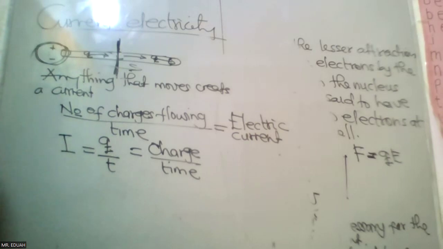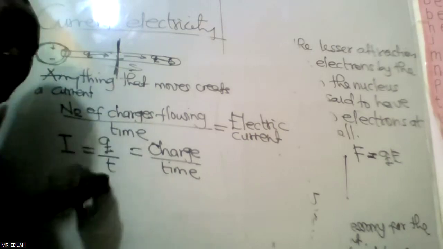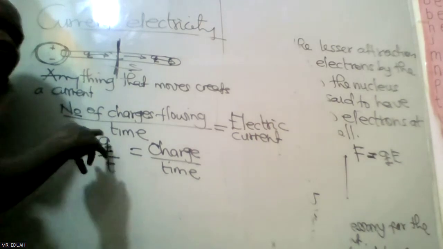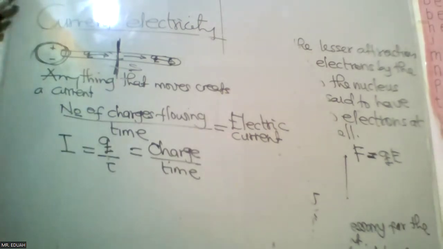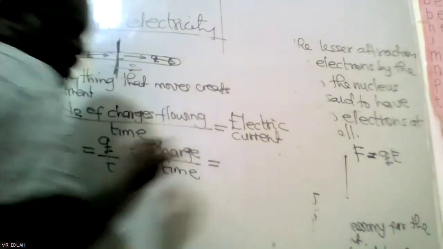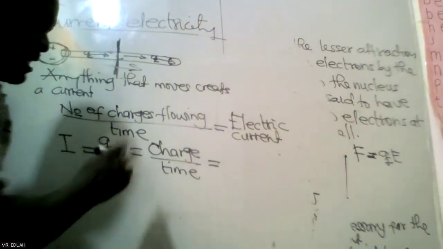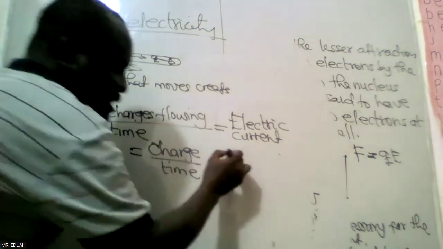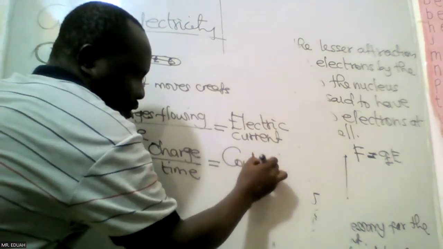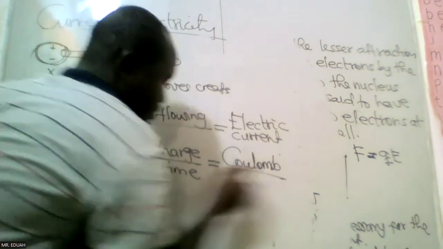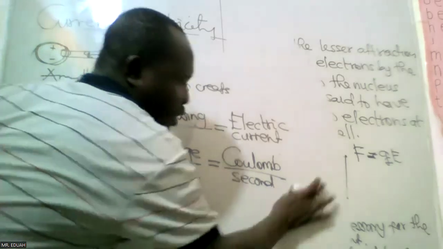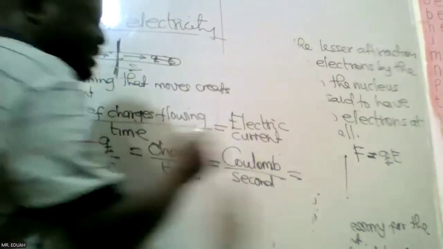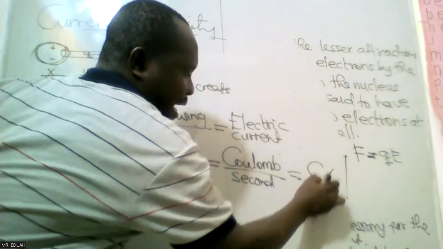When you talk about electric current, it means you are looking at the flow of charges within a given time t. Now, the SI unit of charge is the coulomb, and the SI unit of time is the second. So actually, the basic unit of current is coulomb per second.